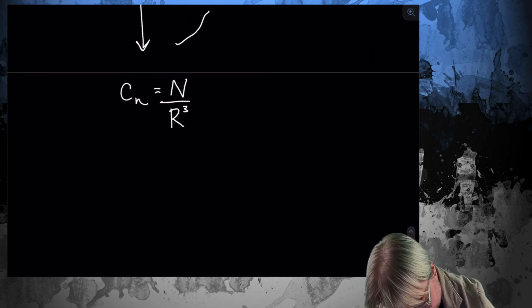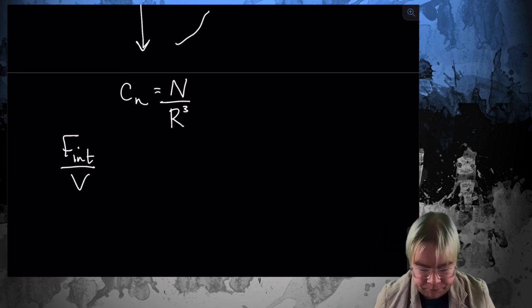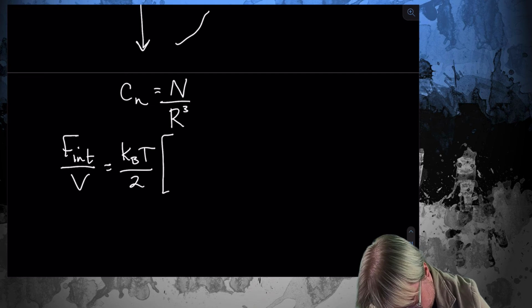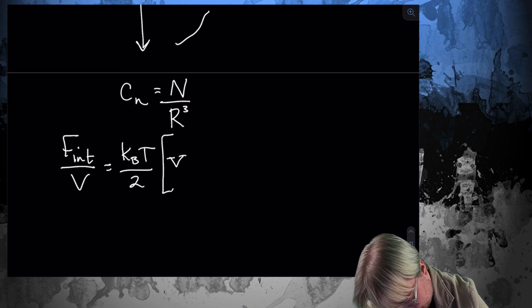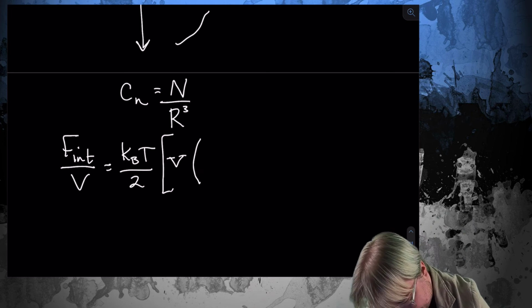Well, the free energy for interactions divided by V will be kBT divided by 2 times the excluded volume multiplied by Cn squared.